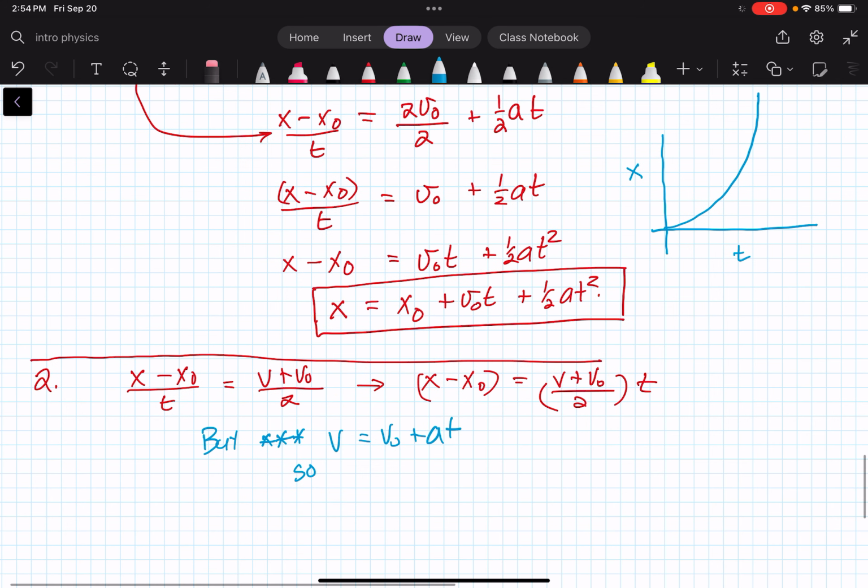So if we subtract v naught from both sides, that's equal to a times t. If we divide both sides by a, we have (v minus v naught) over a is equal to t.